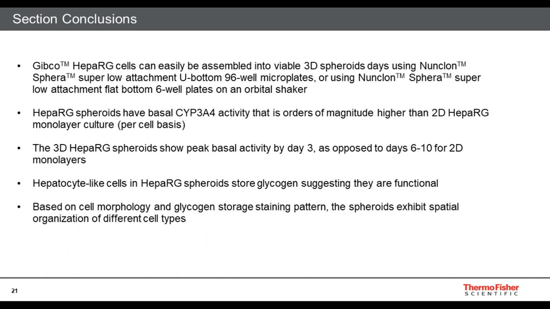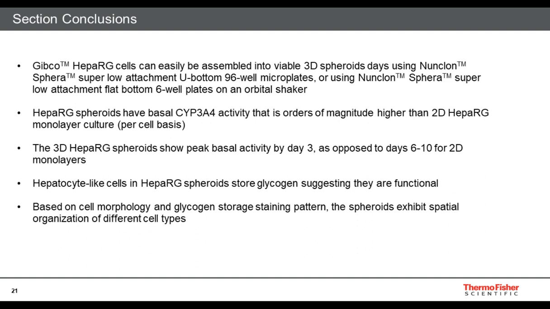So just to sum up some of the conclusions for our HepaRG 3D work: HepaRG cells can easily form viable 3D spheroids using Nunclon Sphera super low attachment 96-well U-bottom plates, or on a Nunclon Sphera super low attachment flat bottom 6-well plate placed on an orbital shaker. HepaRG spheroids have basal cytochrome P450, CYP3A4, 1A2, 2C9 were some of the ones we looked at.